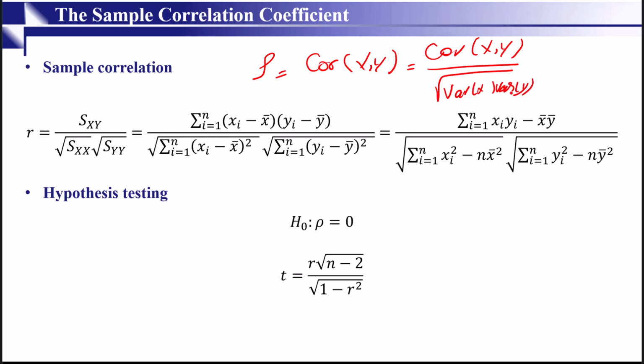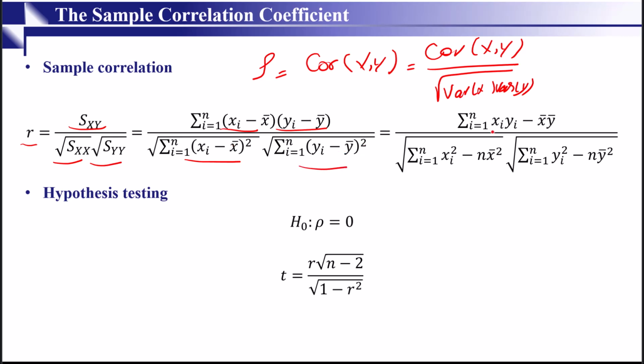The sample correlation coefficient, which we show by R, for a set of paired data observations xi and yi, is equal to sxy divided by the square root of sxx times syy. We already calculated sxx as the sum of xi minus x bar squared, and syy as the sum of yi minus y bar squared.